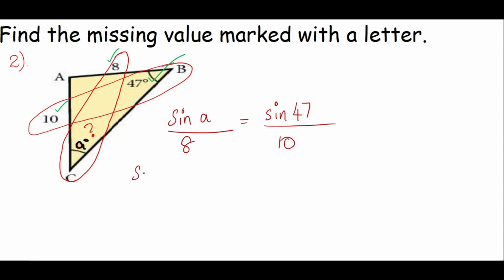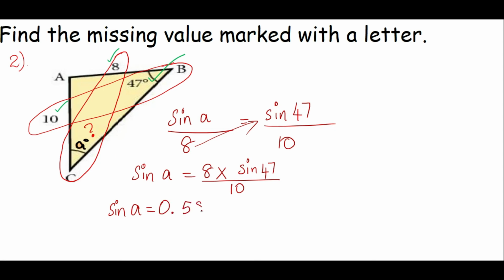Cross multiplying, I get sine A is equal to, taking 8 to the other side, 8 multiplied by sine 47 over 10, which gives me the value for sine A equal to 0.585082.